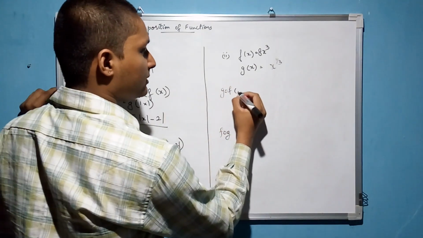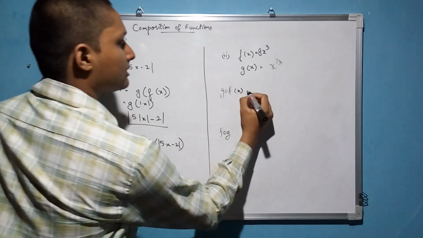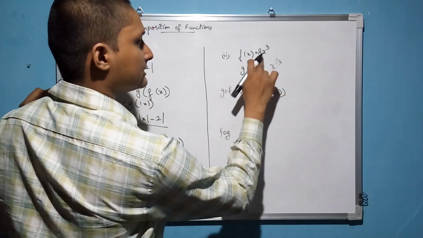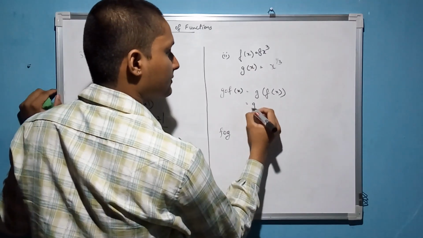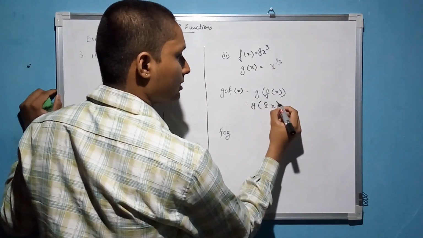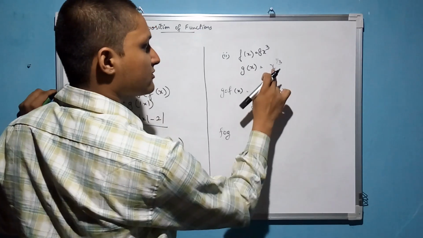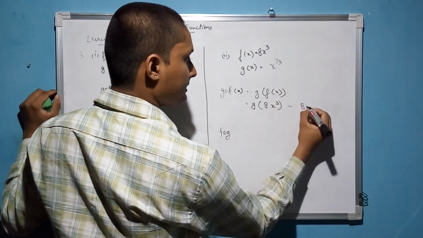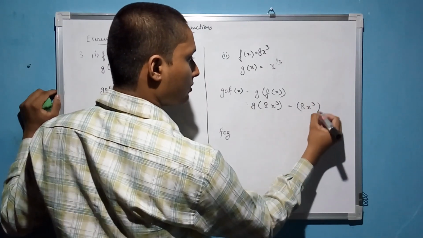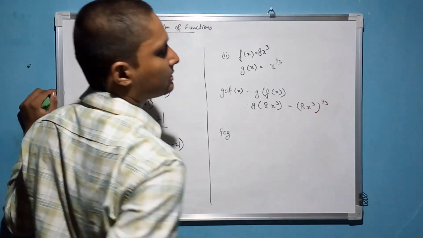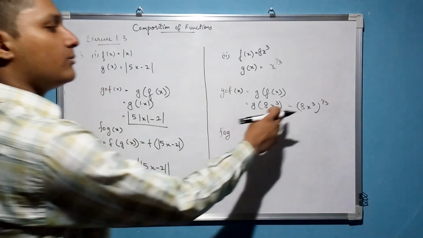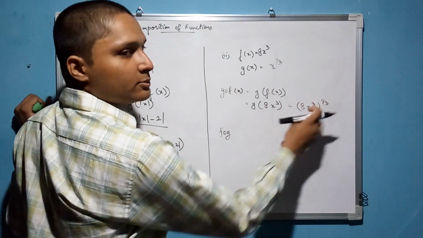So what is going to be in this case? The same thing. That comes to be g of f of x. f of x is 8x cube. So g of 8x cube. So in place of x, I need to substitute this thing. So 8x cube whole power 1 by 3. So based on the law of exponents, ab whole raised to n is a raised to n into b raised to n.